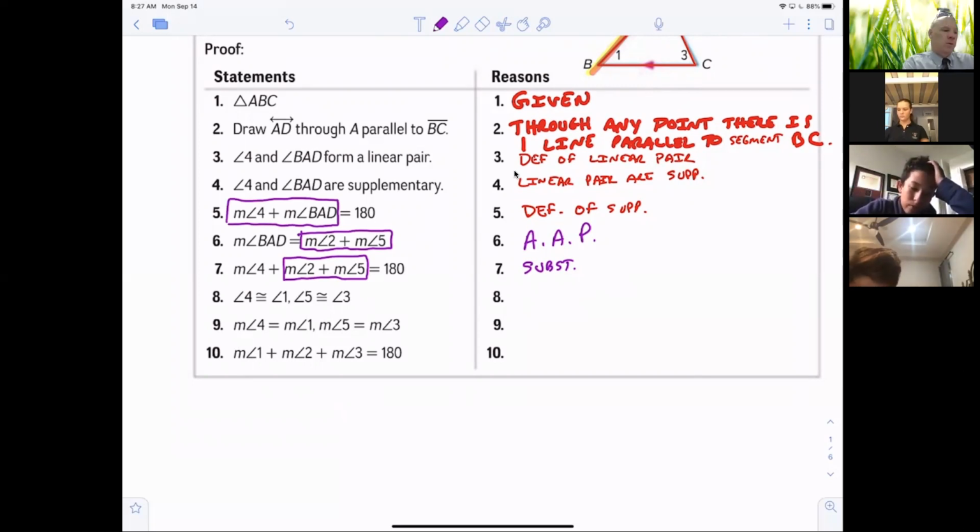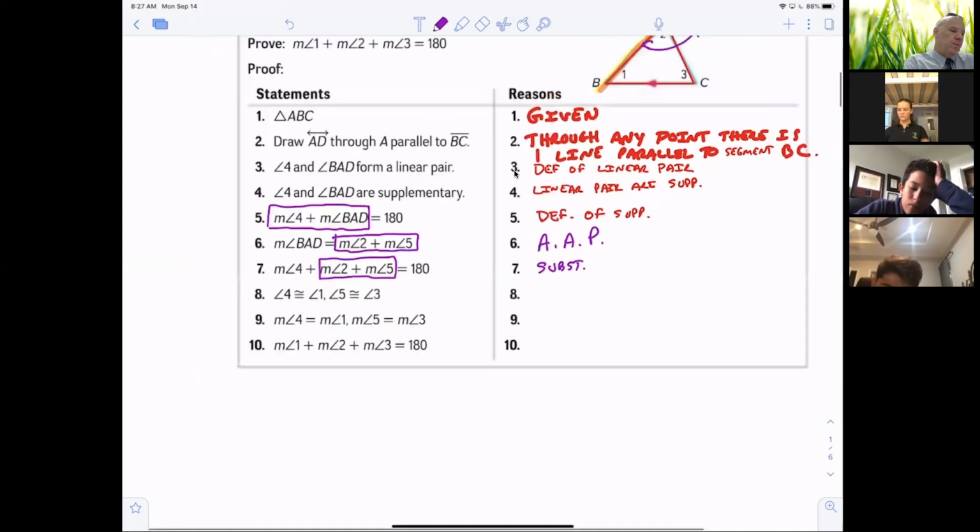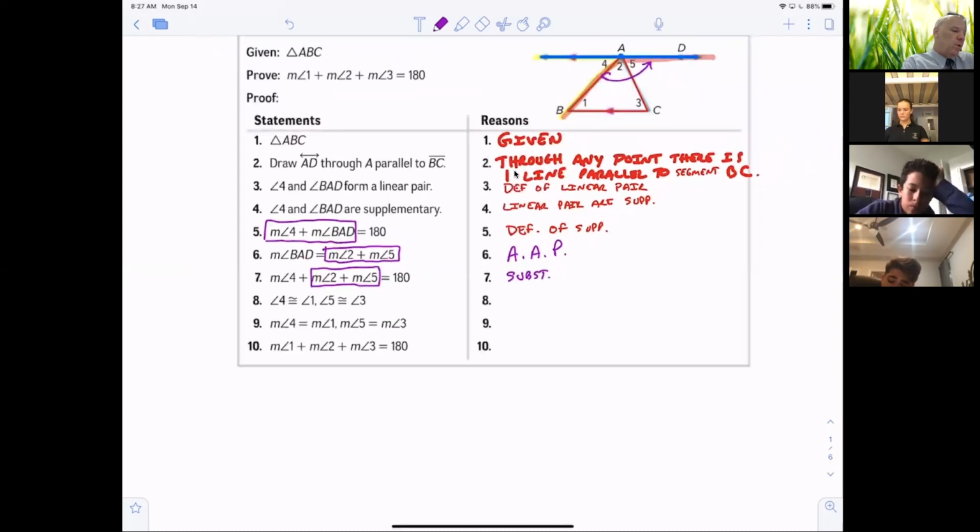Everybody's good? Now, why is 4 congruent to 1 and 5 congruent to 3? Tell me. Almost. Sam, yeah, alternate interior, right? Here's 4 and 1.